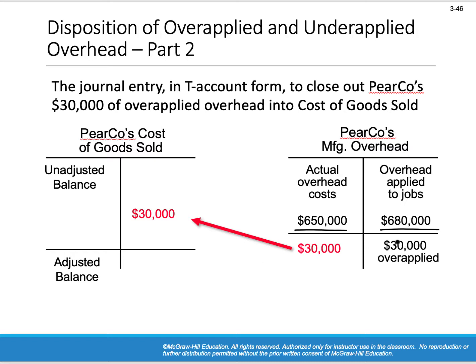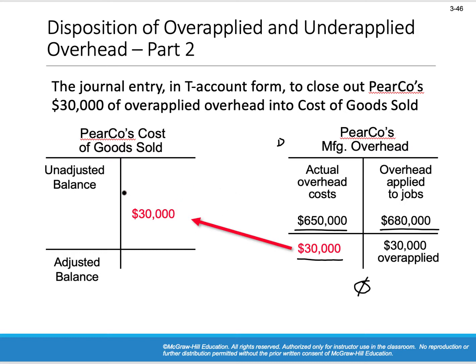To fix this, that means we need to debit or hit the left side of the T account for 30,000. So we can get these two to be zero, right? The account is now zero. We had 30,000. We subtracted 30,000. We now have zero. We fix it to cost of goods sold.